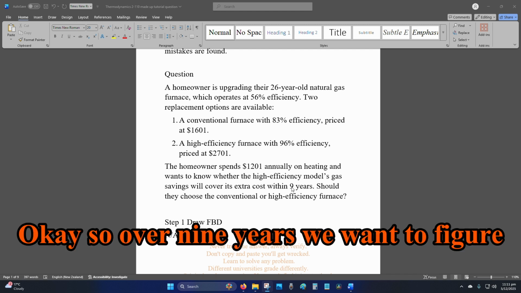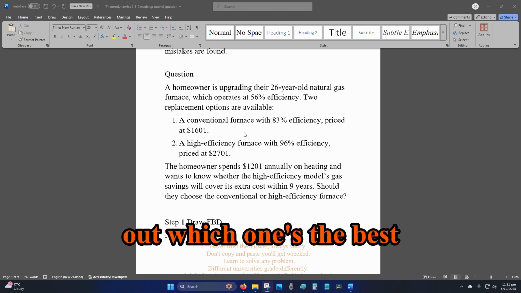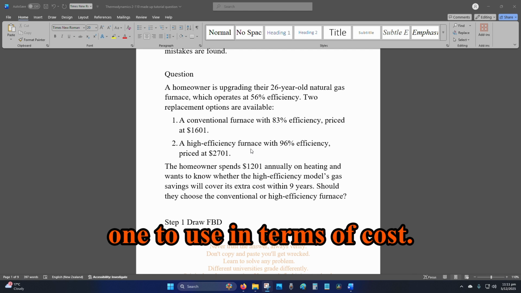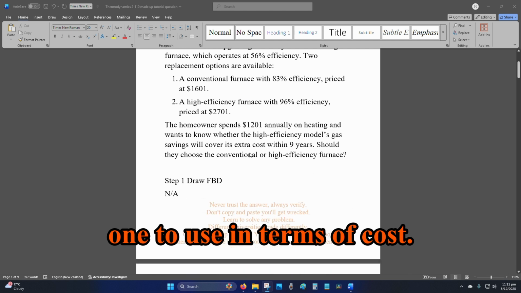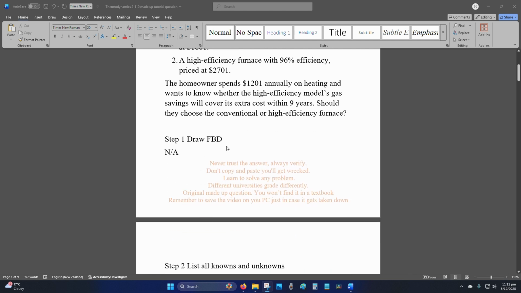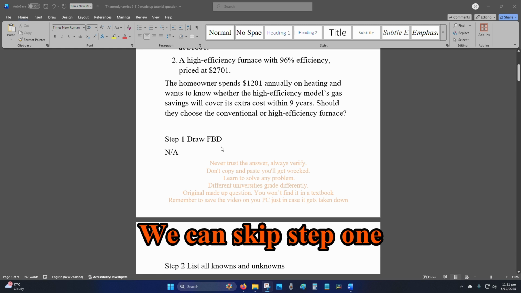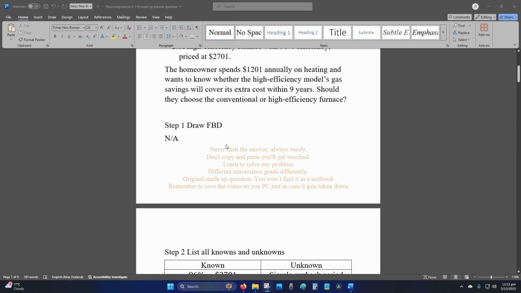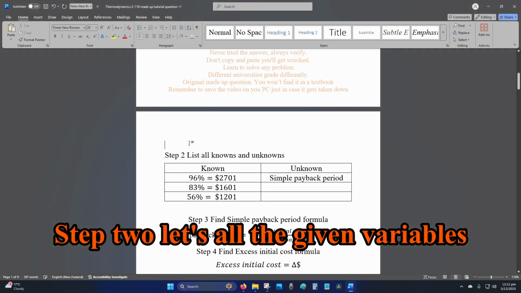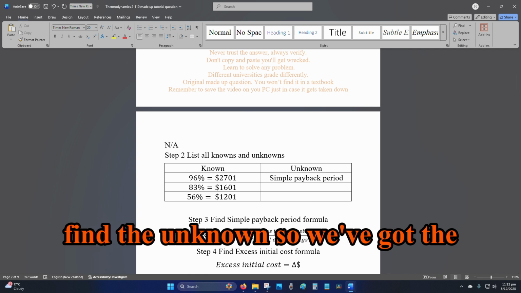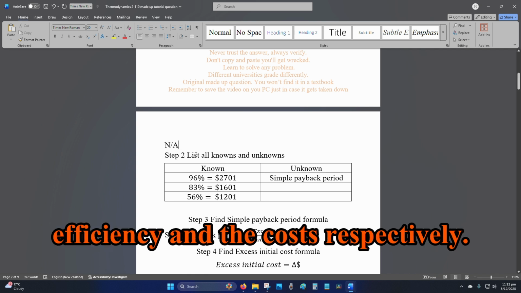Okay, so over 9 years, we want to figure out which one's the best one to use in terms of cost. We can skip step 1, there is no free body diagram. Step 2, list all the given variables, find the unknown. So we've got the efficiency and the costs respectively.